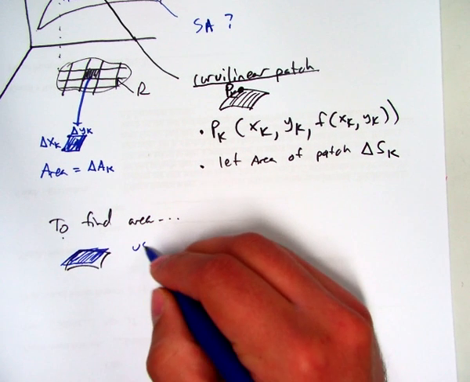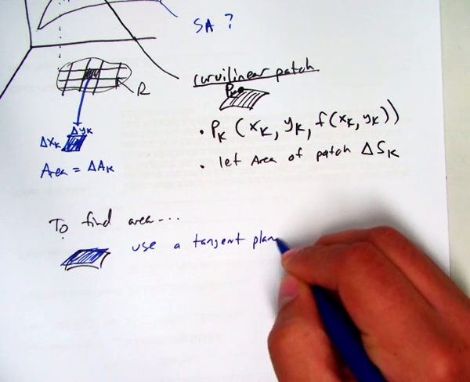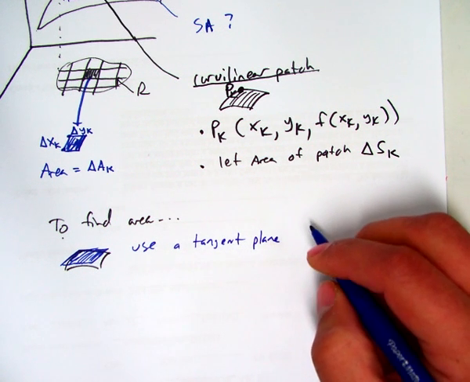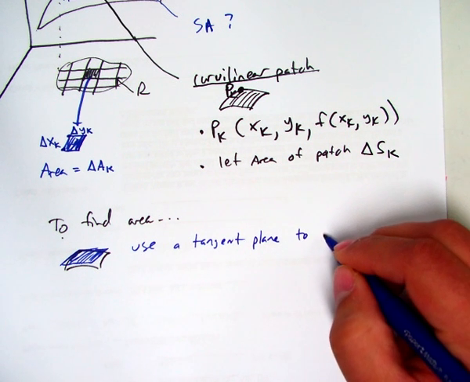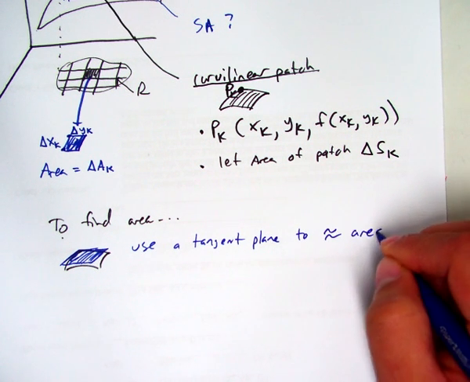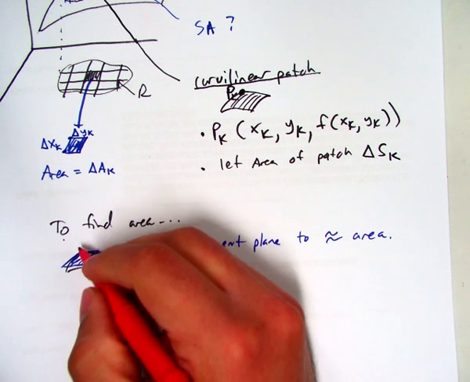So we'll use a tangent plane to approximate the area. Okay. So again, here's P sub k.